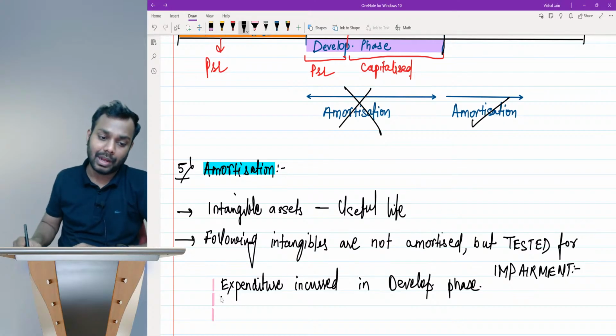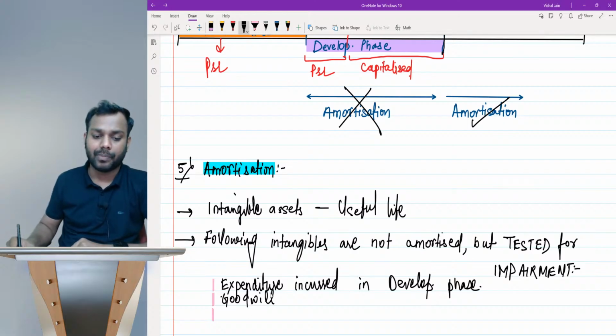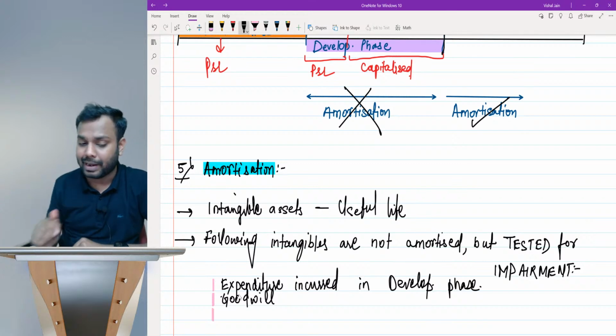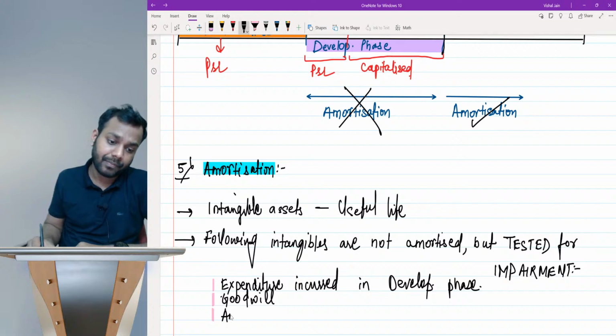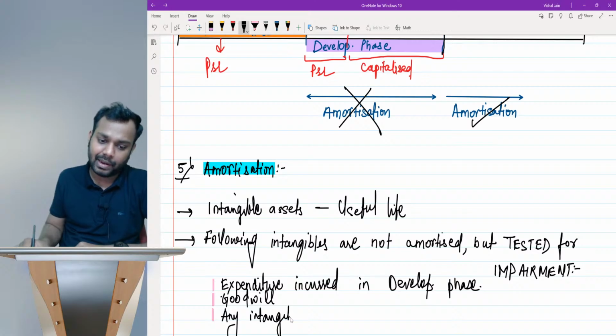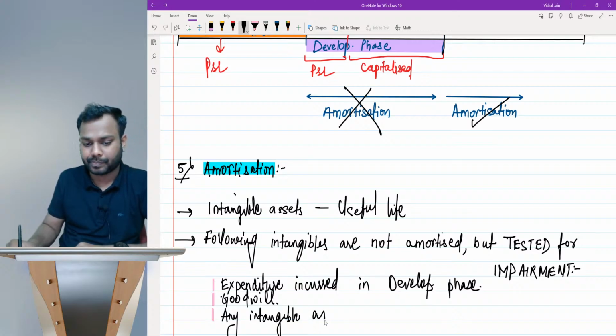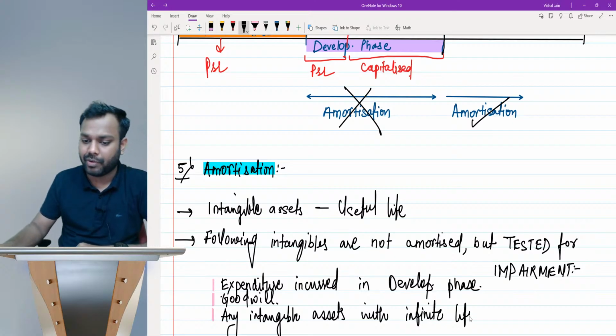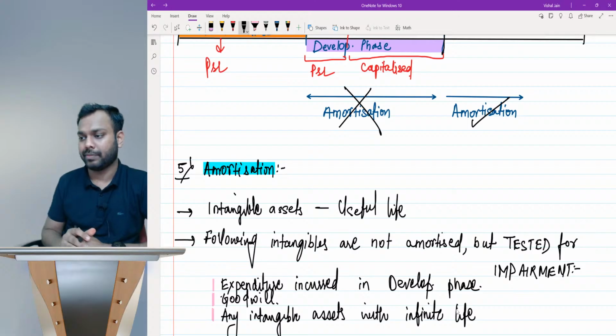Right? Now, again, another is goodwill. You can use customer list also, right? If it is not for finite life, or any intangible assets with infinite life, it will cover your customer lists, it will cover everything.